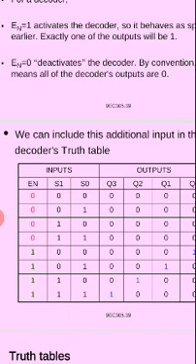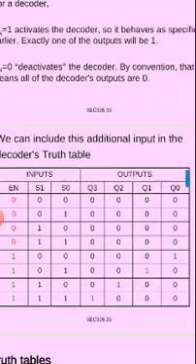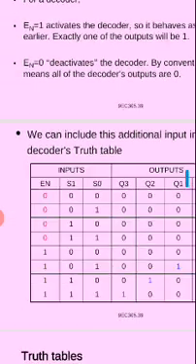Inputs now, instead of only two inputs S1 and S0, we included the enable input. We know that if the enable input is 0, the circuit gets deactivated and all outputs become 0. Whenever the enable input is high, the circuit functions as a decoder and only one of the outputs remains high.